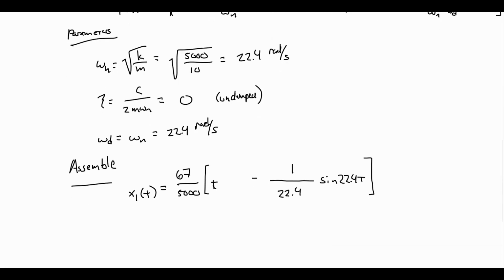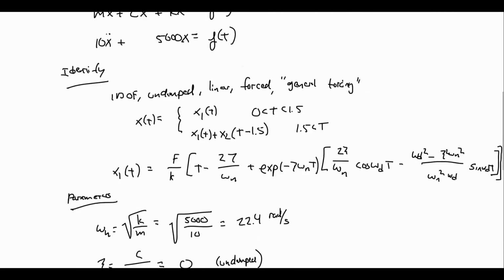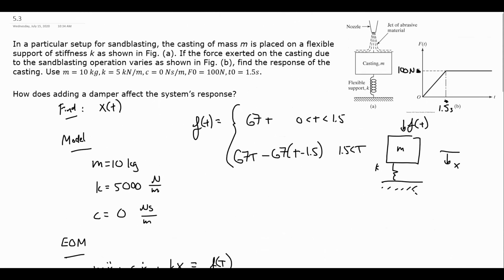Now we need our solution for x2. If we go back up to how F of t is defined, now we have this second piece here. It's in the form that we want. It's a ramp again, but it has that amplitude of negative 67 newtons per second. Now, again, it's written with this offset, which is good.